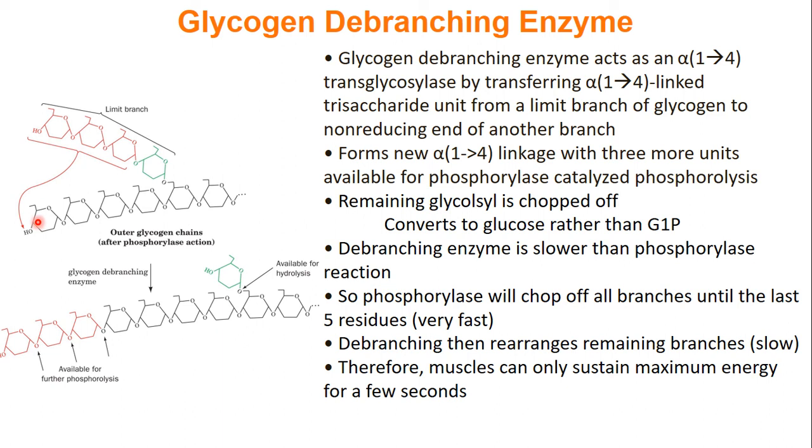So this is why your muscles can sustain their maximum energy for only a few seconds, because all your glycogen is used up. Then you have to have the slow process of rearranging your branches before you can get more glucose out. So that's why we have maximum strength that can only last for a few seconds before all of our glycogen is used up, and we have to start debranching it so we can get more of it.